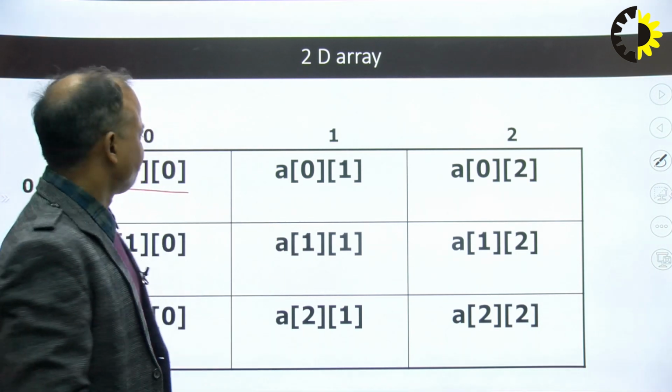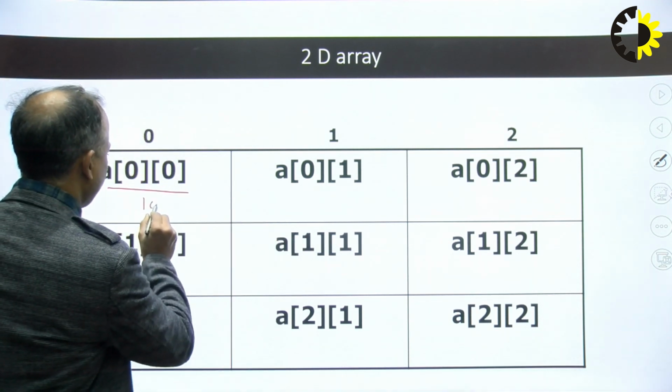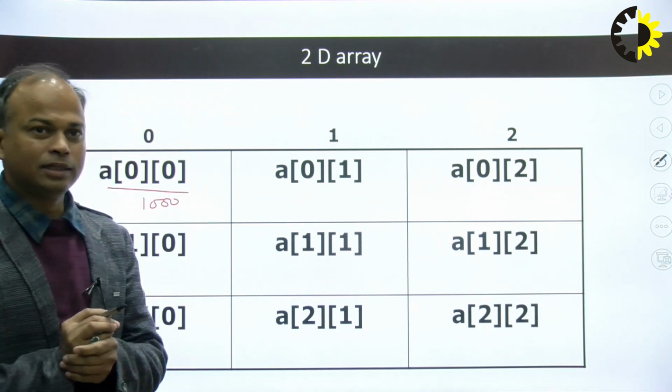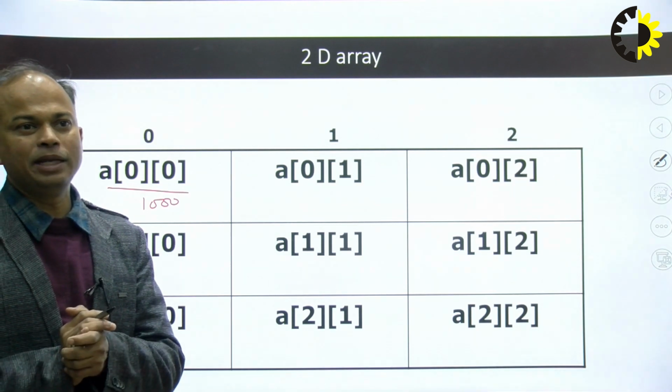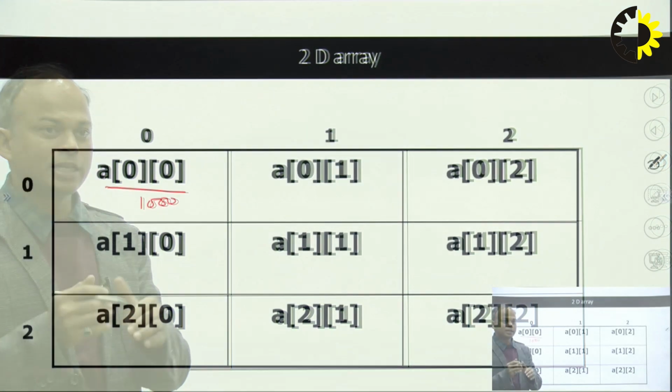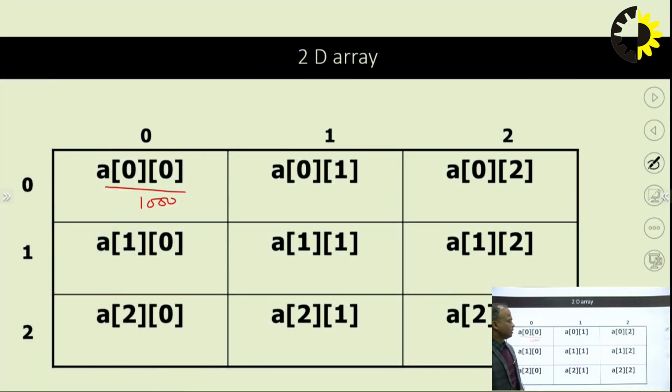For example, the address of A00 is 1000, and we are assuming that every element takes 2 bytes. Then the address of the next location will be 1002, because an array takes contiguous memory.